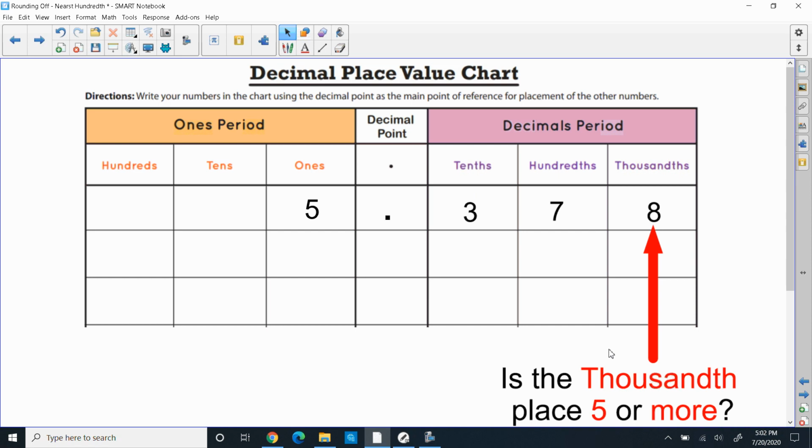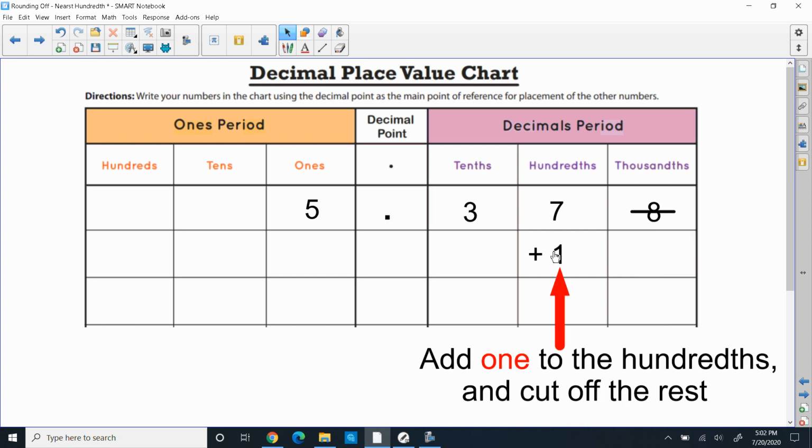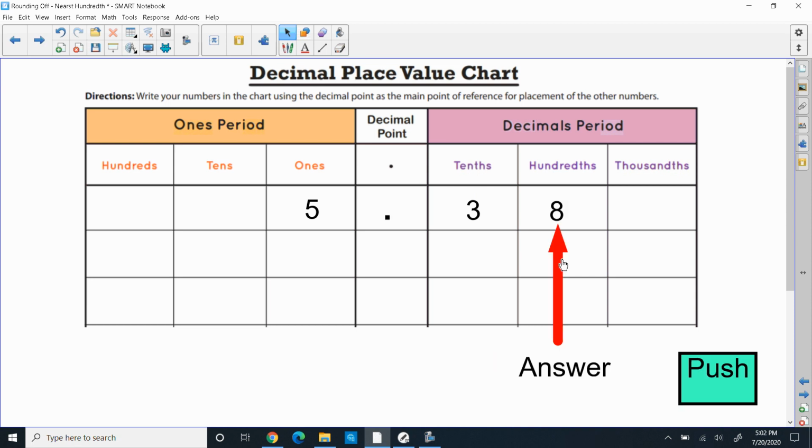We're going to ask ourselves the question, is the thousandths place 5 or more? This is an 8. Yes, that's more than 5. So we're in good shape, because now we're going to add 1 to the hundredths place and cut off the rest. That means we won't need the 8 anymore, but we're going to add 1 to the hundredths place. The hundredths place has a 7 in it, and 7 plus 1 gives us 8.